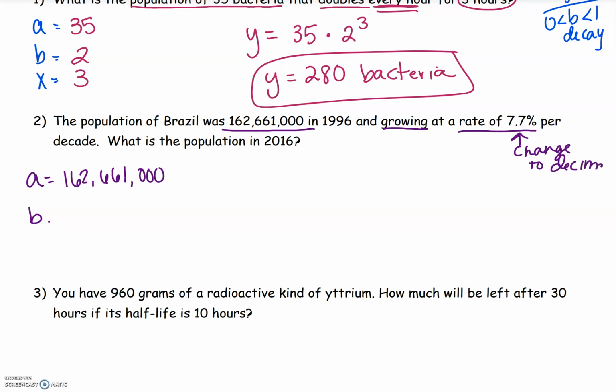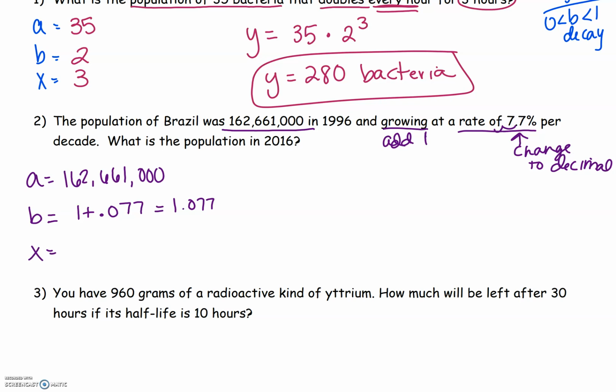And then since it is a growth, we are going to add the rate as a decimal to our 1. And so that is going to be a 1 plus 0.077 when we move our decimal 2 places to the left. And that is 1.077 for our B.